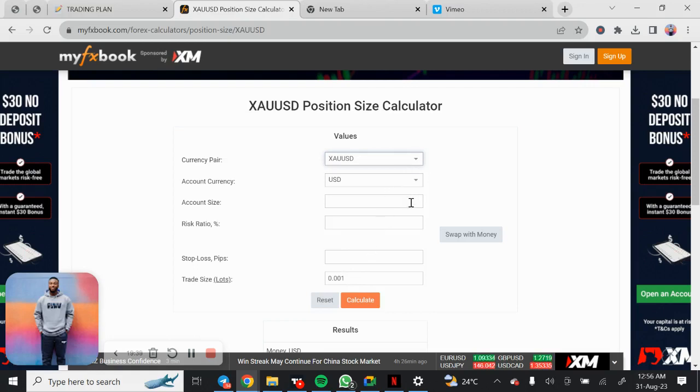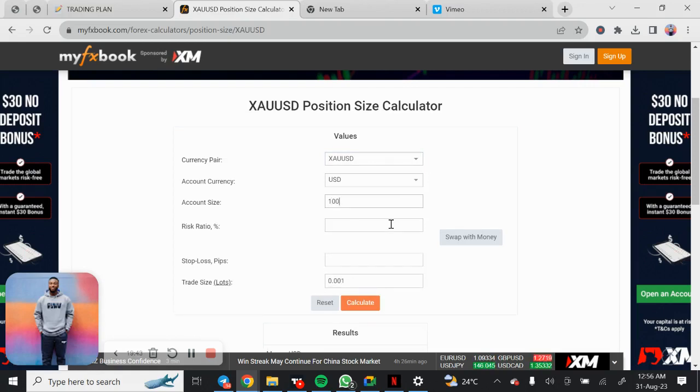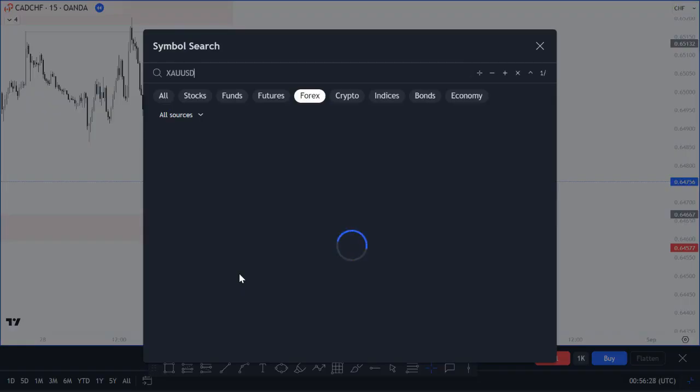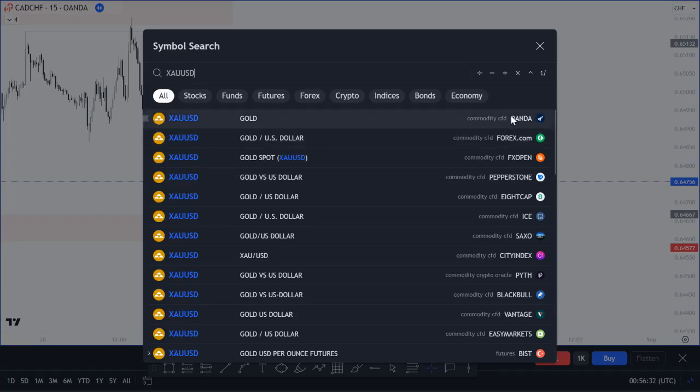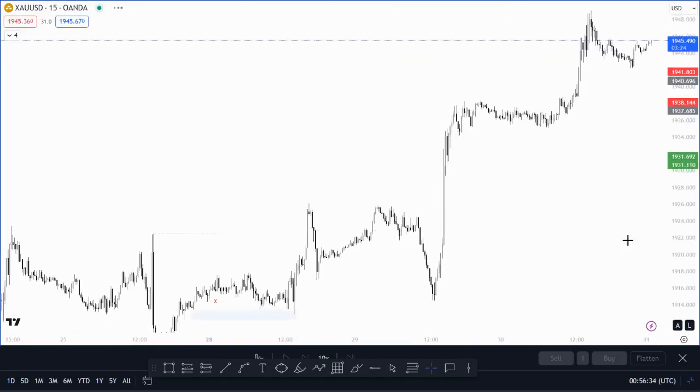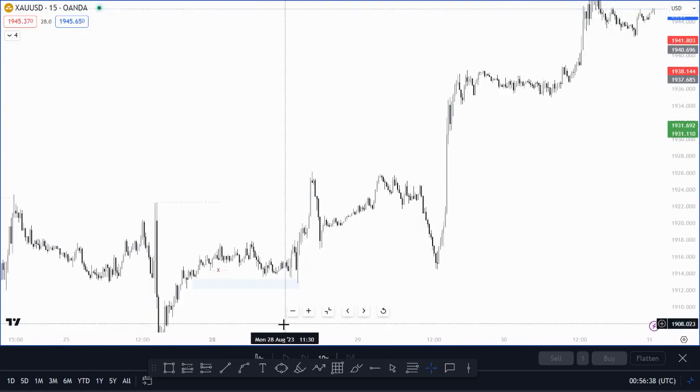It is that simple. Just put your account size, risk at 0.5%, and stop loss. Gold is kind of volatile, so there's a way at which its values are calculated.